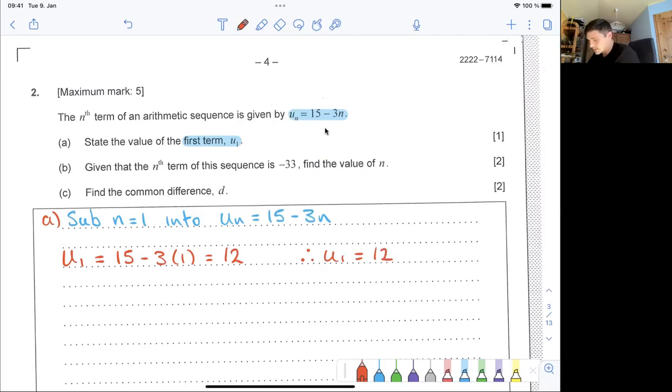Given that the nth term of the sequence is negative 33, we've got to find the value of n. Okay, so we're told that un is equal to negative 33, and we've got to backtrack.